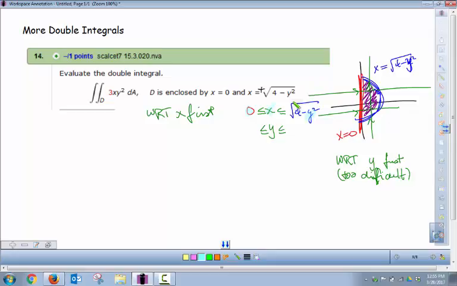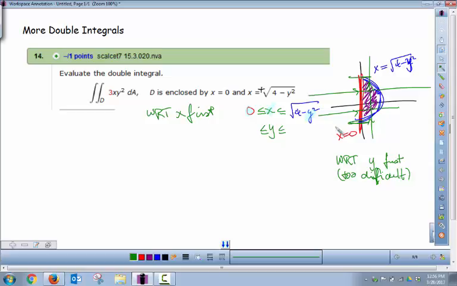So x has to be a function of a variable that's not x. Here x is a function of y. And the outer y limits have to be constants. You just look at the y values you're going from. So y goes from -2 to positive 2. Those are the constants.